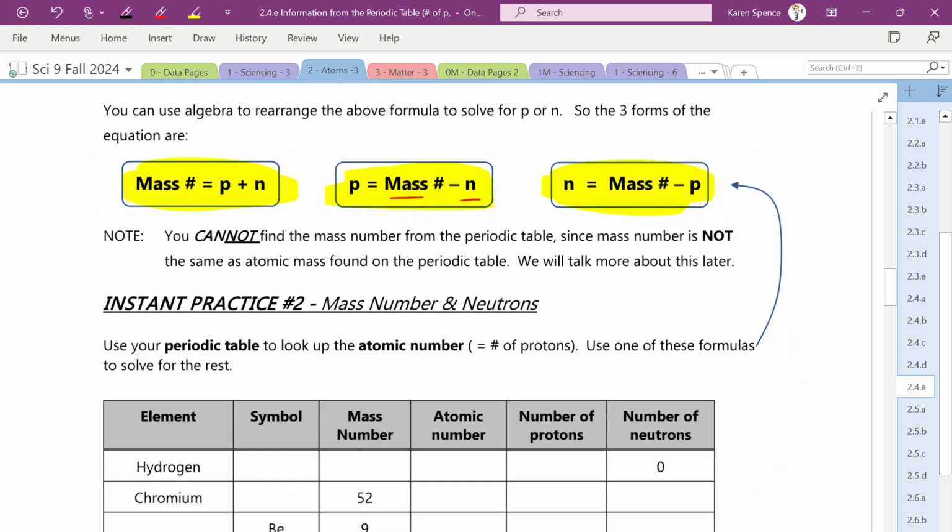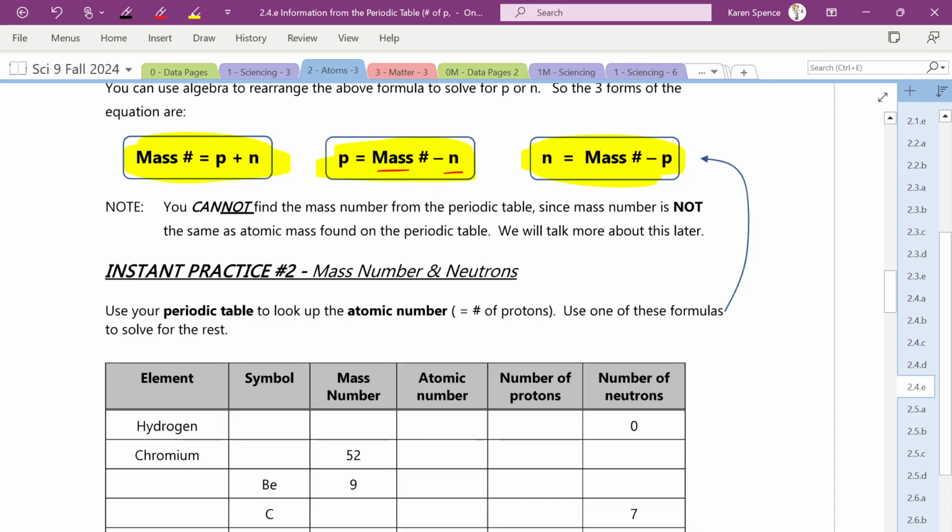So let's try a couple of examples here. Okay, hydrogen, we know its symbol is H. Remember, the mass number is the protons plus the neutrons. We can look up the atomic number of hydrogen. It is 1. That's on our periodic table.